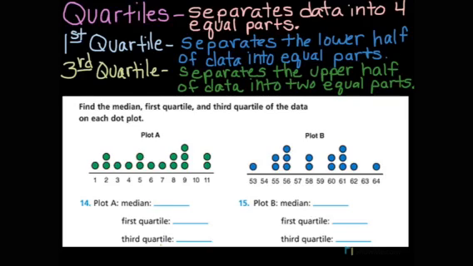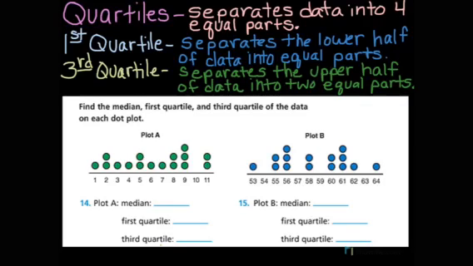When we talk about variability in data, we talk about quartiles. And quartiles just means separating the data into 4 equal parts. I remember 4 equal parts because quart is at the beginning of quartile, and there are 4 quarts in a gallon.